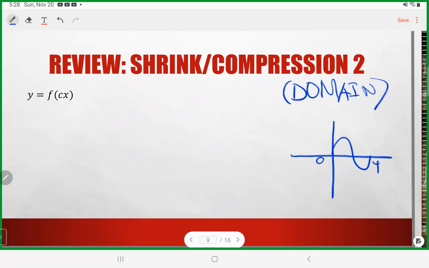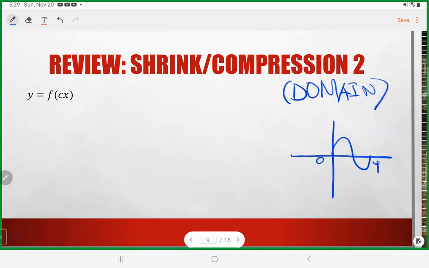Because the last stretch or compression, if it's multiplied to f of x, you'd stretch the graph vertically. But this time, if c is greater than 1, you actually compress it because of this domain.